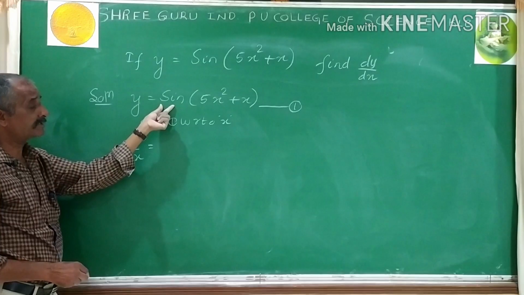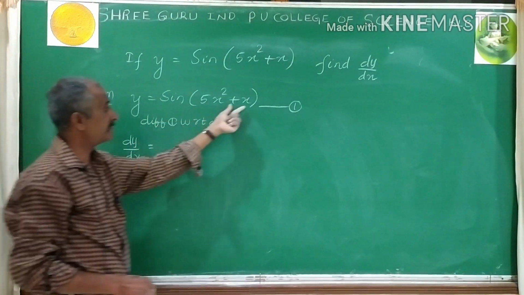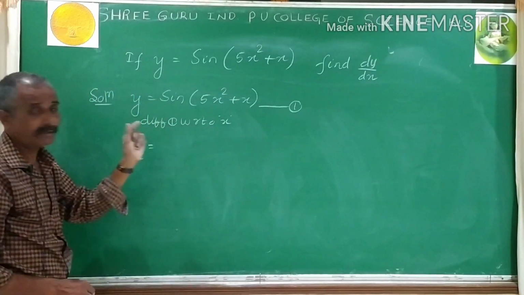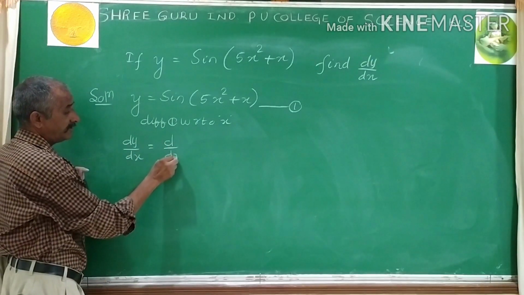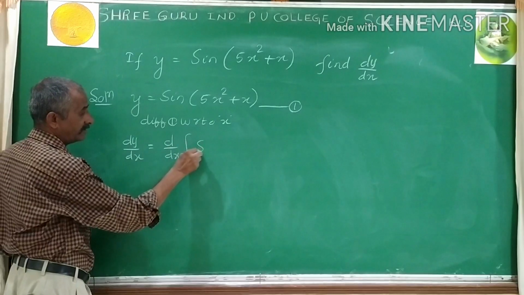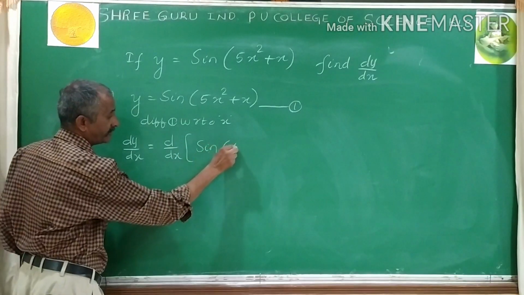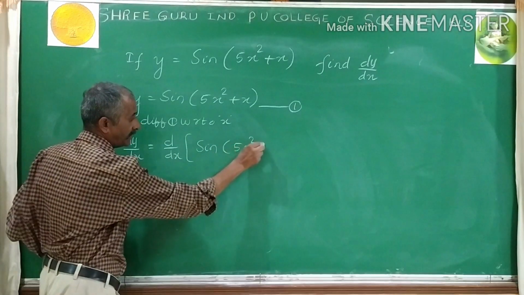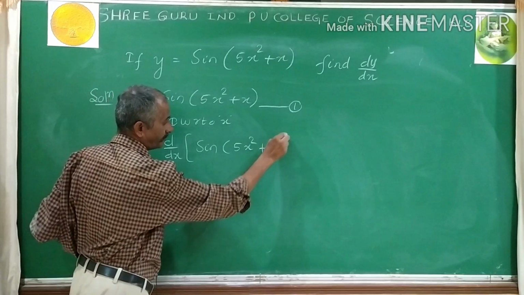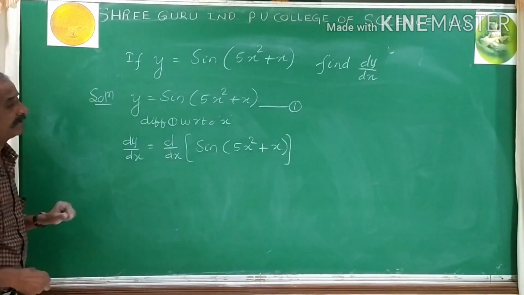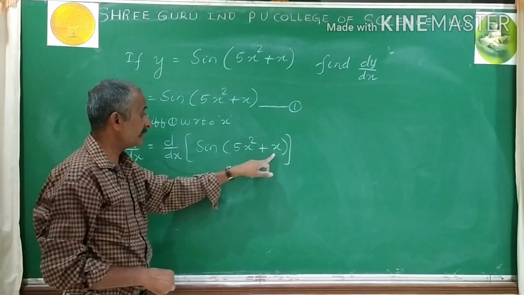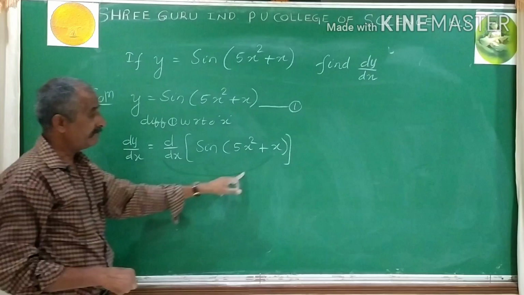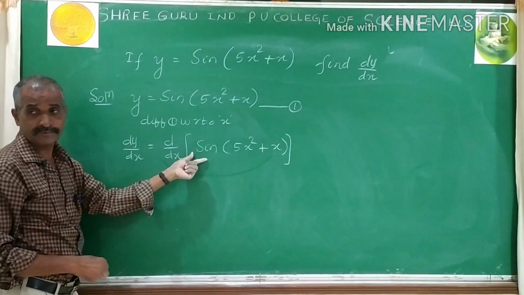First coming function is sine, followed by the algebraic function 5x square plus x. Hence, d by dx of bracket sine of 5x square plus x.